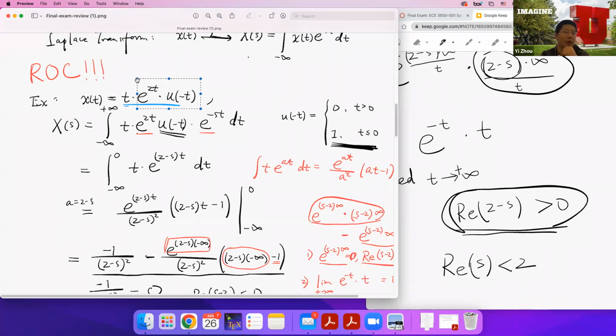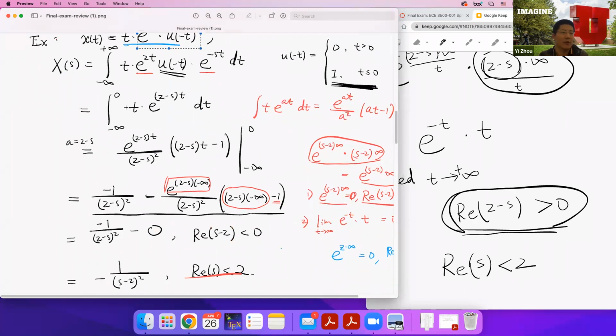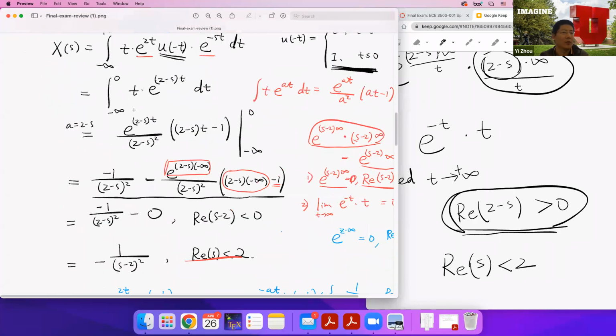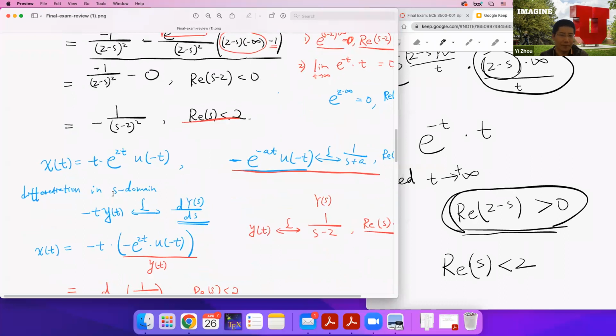Suppose from the existing Laplace transform table we already know the Laplace transform of this one, then the signal x(t) is essentially multiplying the signal by t. And this additional factor t can be introduced by one of the properties of Laplace transform. Specifically, we can use the differentiation in the S domain property to introduce this factor.